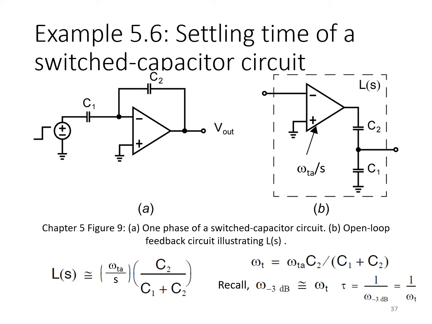Now, if we adopt a first order model for our OTA here, then we've already talked about how the closed loop amplifier's 3 dB bandwidth and single time constant settling time tau are dependent on the unity gain frequency of the loop L. So we can analyze the loop response L by breaking the loop here.